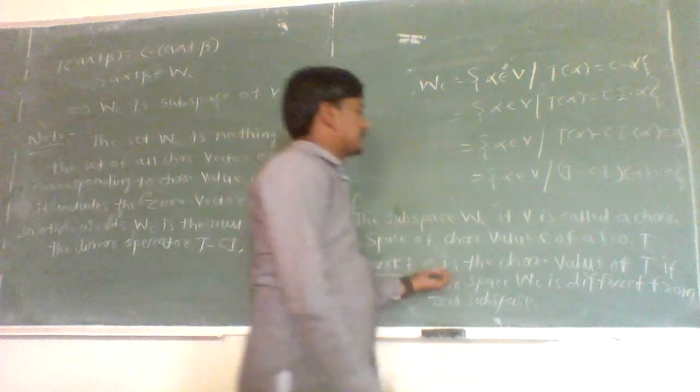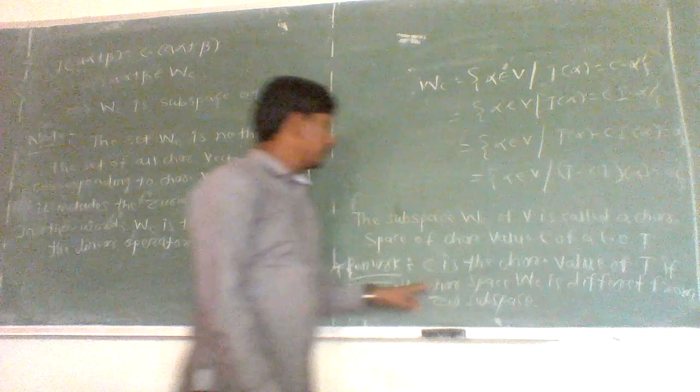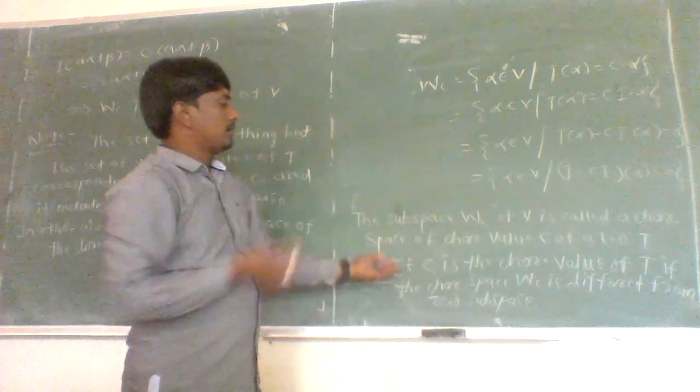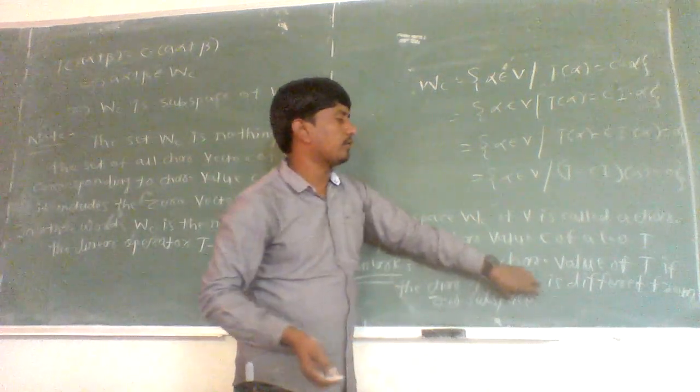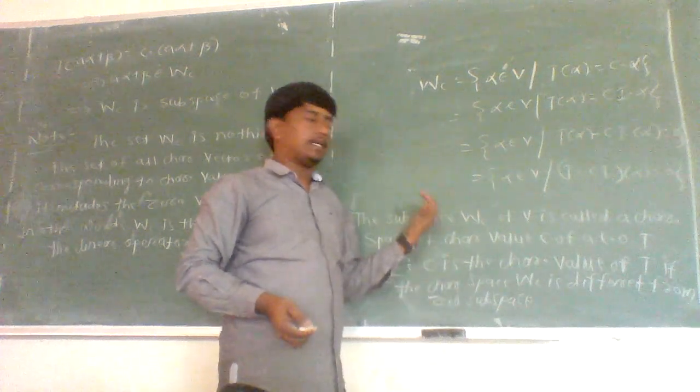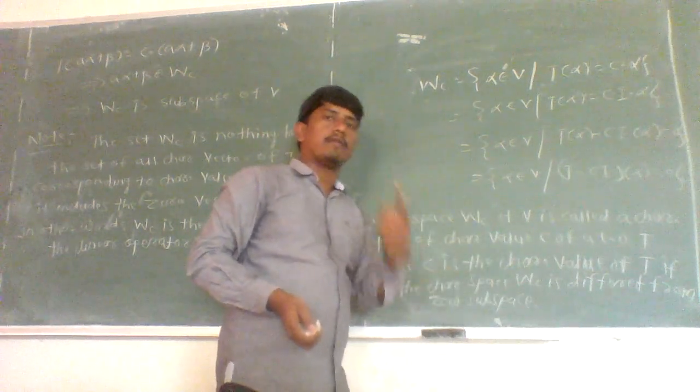So if C is the characteristic value of T, then WC contains one vector which is different from 0, that is, WC contains at least one nonzero vector.